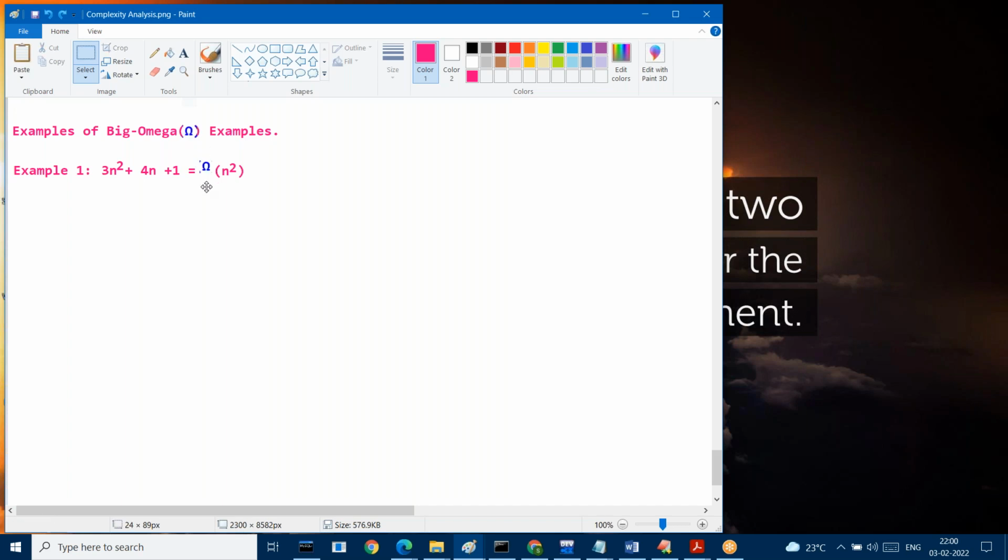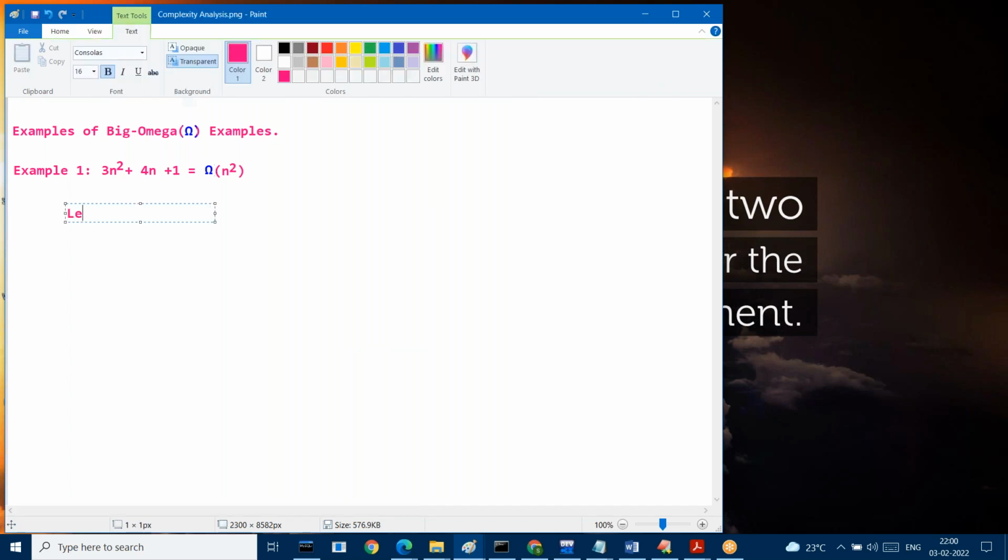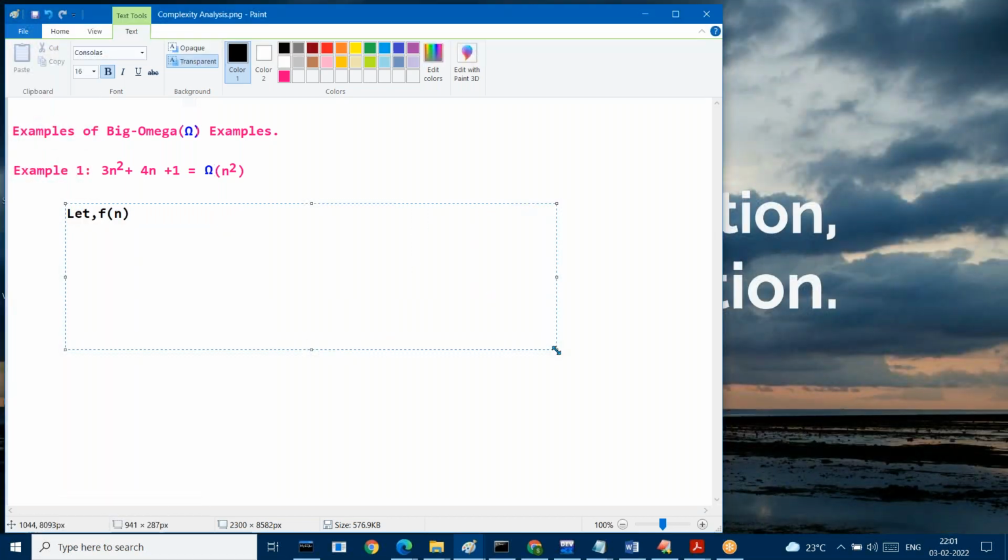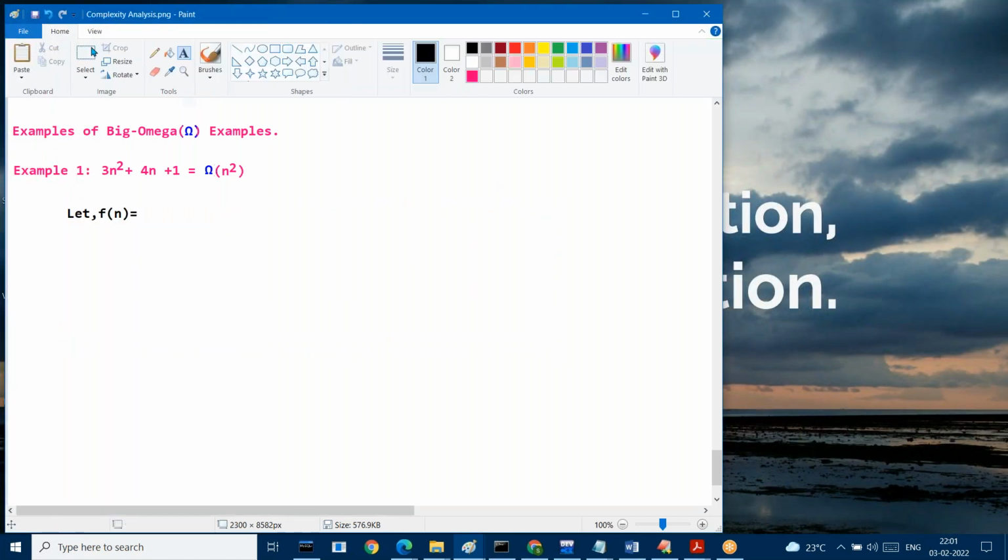How will we prove that? Target will be the same. I have to take this as f(n). So let f(n) be the given function, 3n square plus 4n plus 1. This is the function.